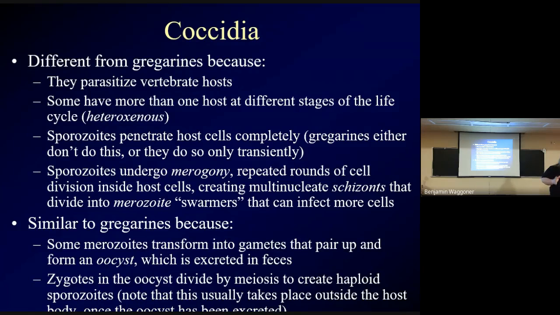In coccidians, the equivalent stage does divide and will go through repeated rounds of cell division inside the host cells. That creates a multinucleate stage, a blob of cytoplasm with lots of nuclei called a schizont. And then the schizont divides into a whole bunch of a stage called a merozoite. That's a kind of swarm stage that bursts out and can infect more cells.